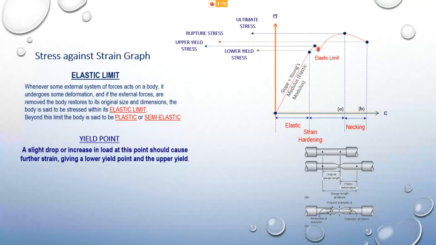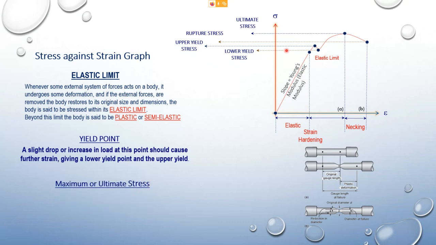So a slight decrease or a slight increase of force or load will result in a very large, significant change in length. That means a large amount of difference when you look at the length. That is when it reaches the yield point here.